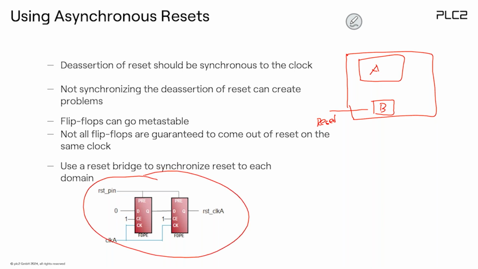This reset bridge is asserted asynchronously but deasserted synchronously. It's a strong recommendation to use a reset bridge if you would like to use an asynchronous reset. But the general message: don't use asynchronous reset. If you need it, use a reset bridge.